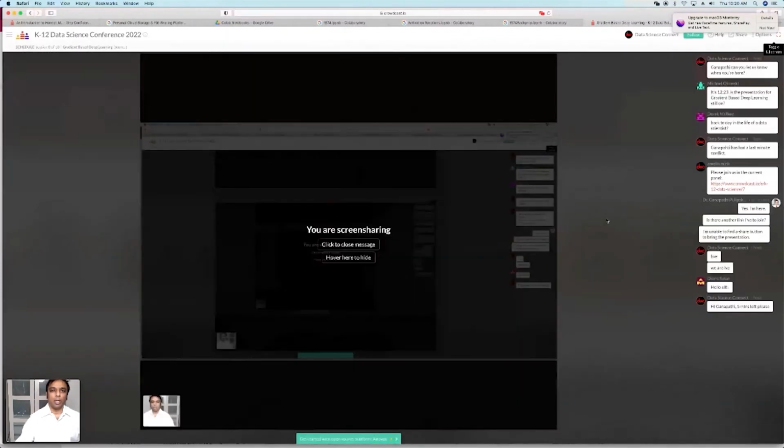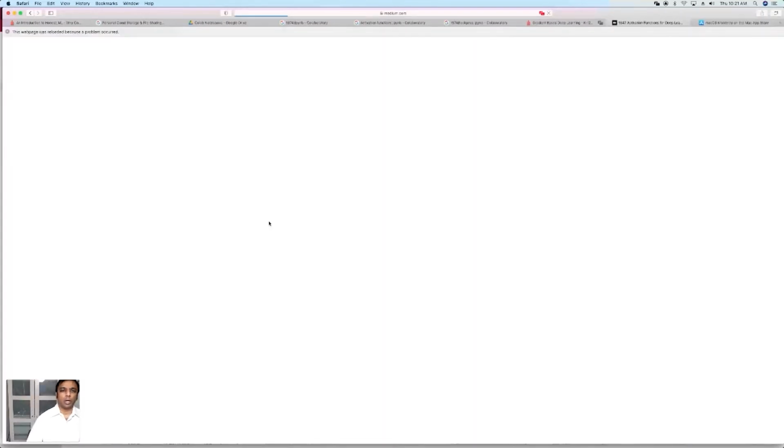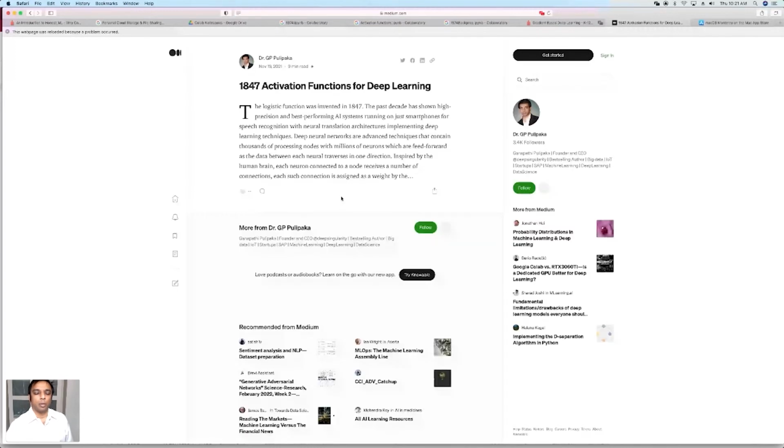And again, if you take a look at the other way of implementing this, this is the function I was talking to you about earlier, where you can take a look at the activation functions.